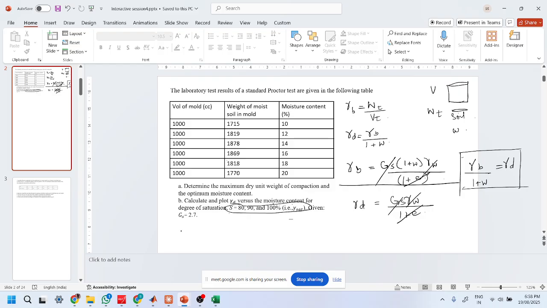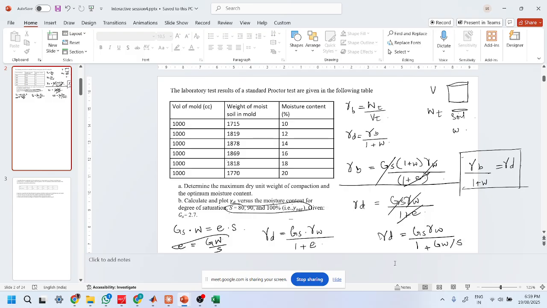Gamma d equals gamma s over 1 plus e, and e is w times Gs over S. As we saw here, we calculate from there, compared with the basic formula, 100 plus w.